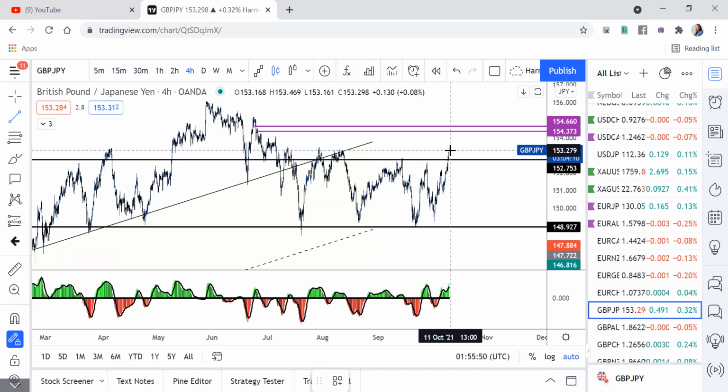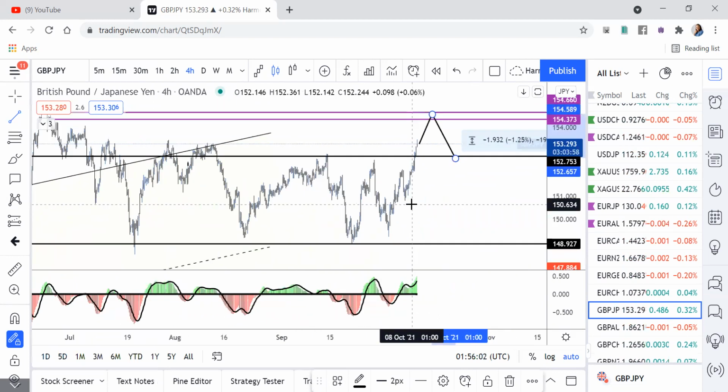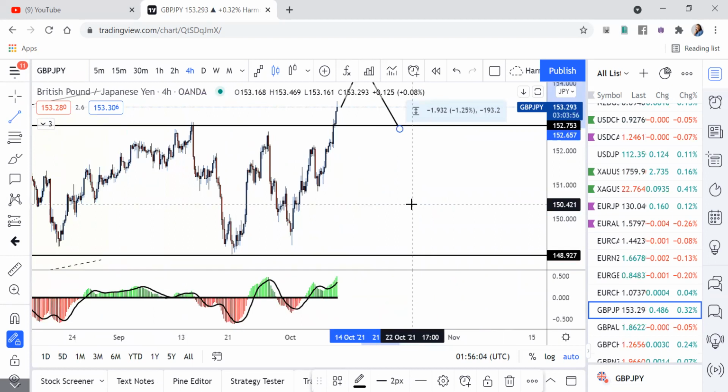What I am looking at on GJ is this. GJ coming up to here before it comes back down, right? But what I had on GJ was a breaker structure, right? I had a breaker structure on GJ.